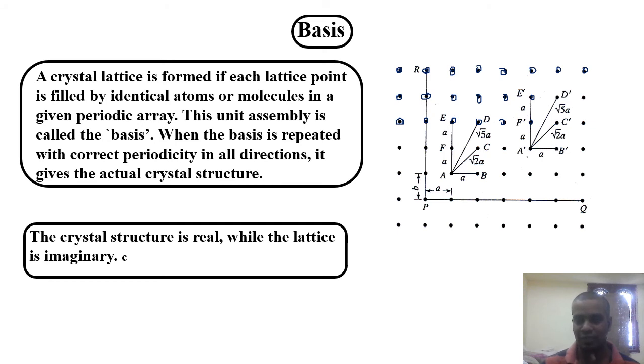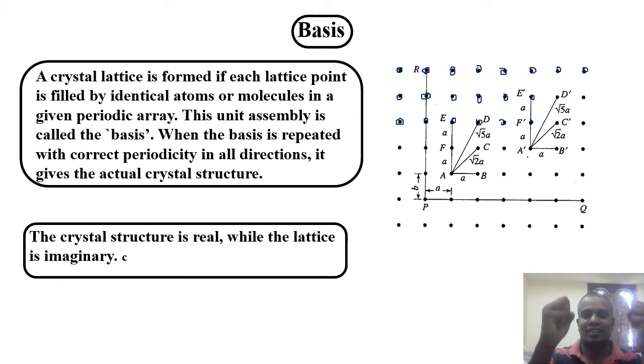Which one is real? The basis. Without atoms, if you are using only points to explain everything, that is simply a lattice. If you are explaining everything with atoms at the points, then that is called the basis. So the important conclusion: the lattice is imaginary, the basis is real.